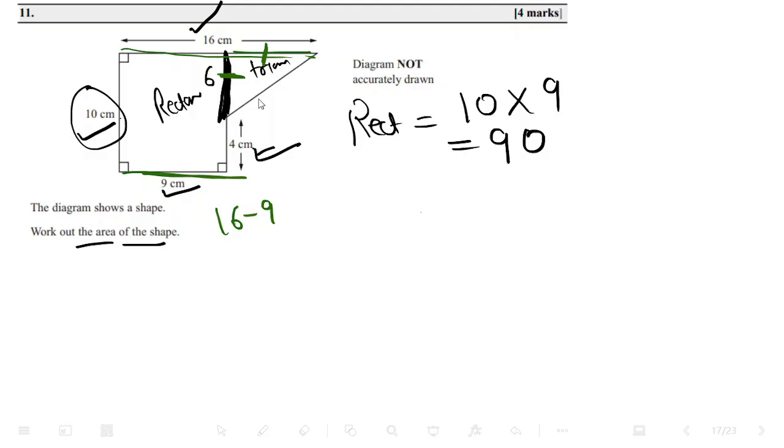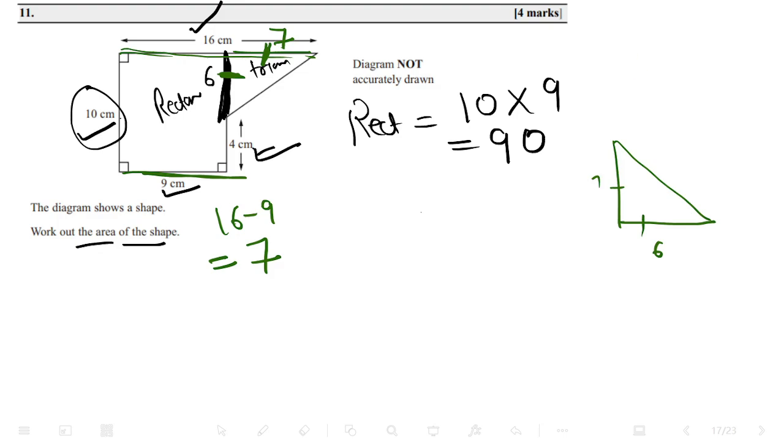Now see, how can these sides be calculated? Because 16 is the whole side and we are subtracting 9, this is 7, right? Now this side is 7, this side is 6. Now the two sides are given.